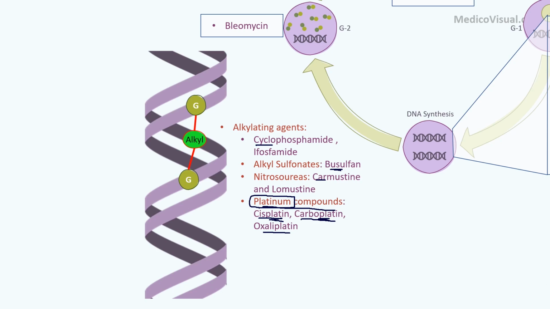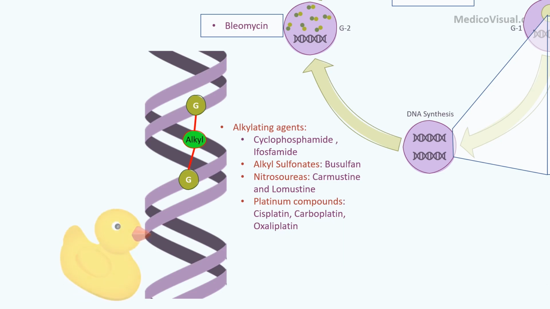So these are not dependent on any phase of the cell cycle to perform their function. They can act on any phase of the cell cycle. So these are cell cycle non-specific drugs.